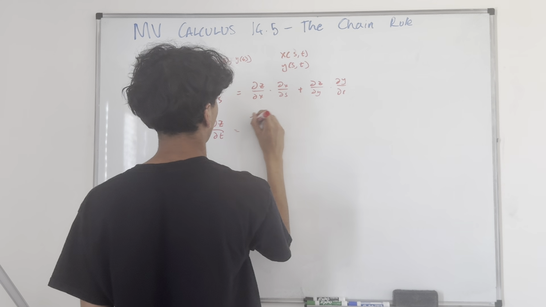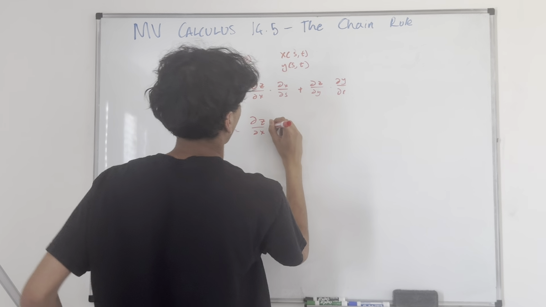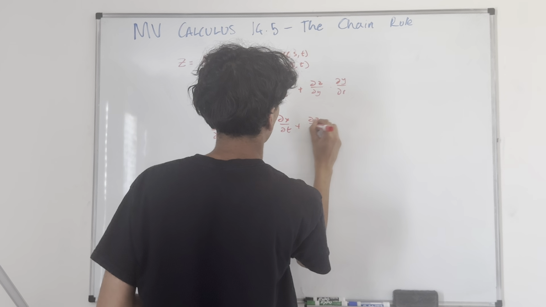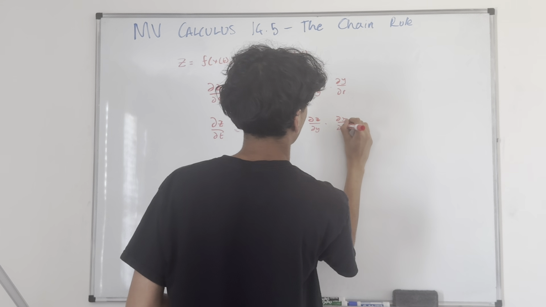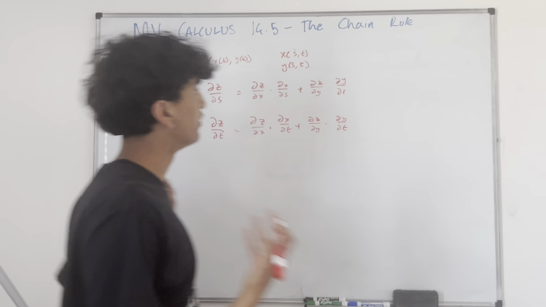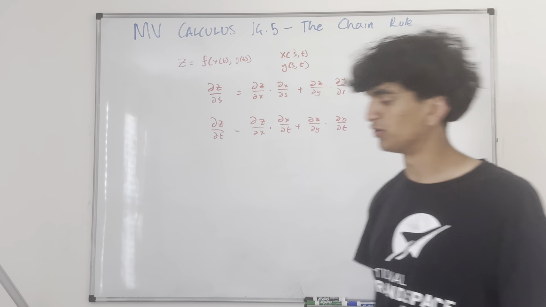And likewise for t: partial z, partial x times partial x, partial t, plus partial z, partial y times partial y, partial t. Okay, so this is case 2 of the chain rule, where your variables depend on multiple variables.